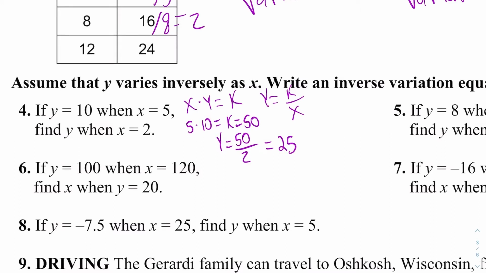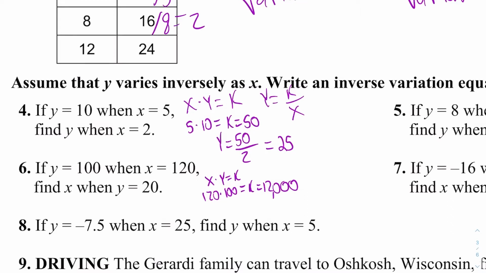Done. Number 6. y is 100, x is 120. We have x times y equals k as the equation. 120 times 100 equals k equals 12,000. Then y is 20.